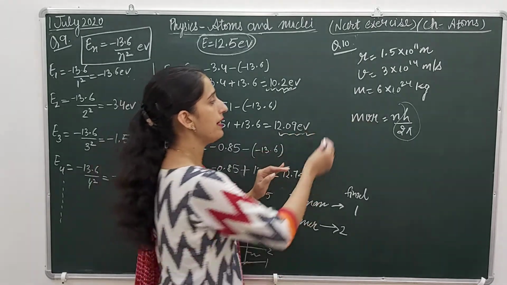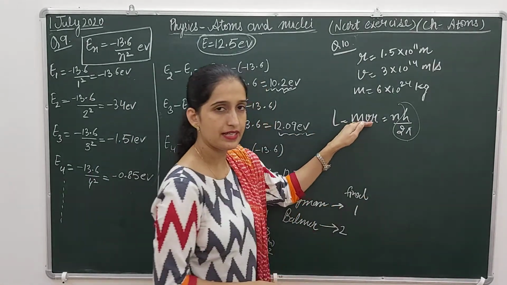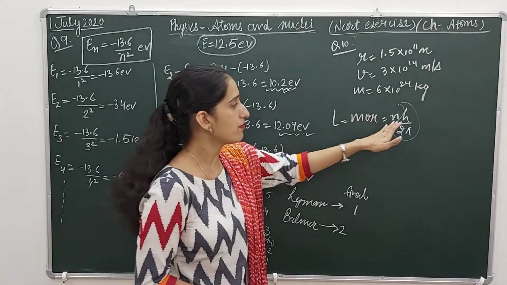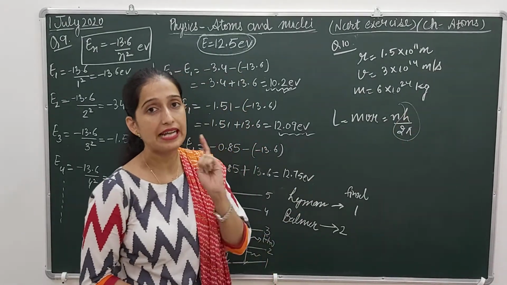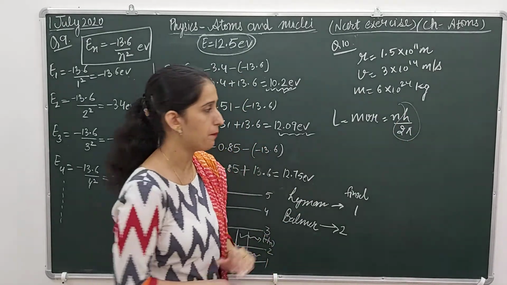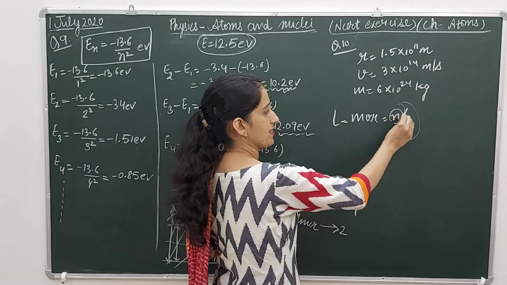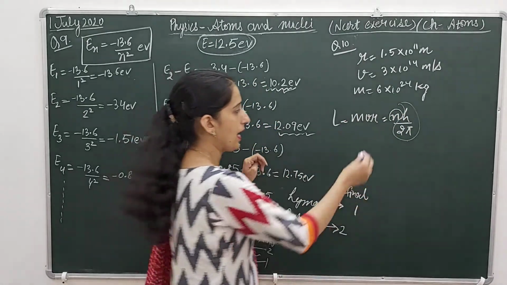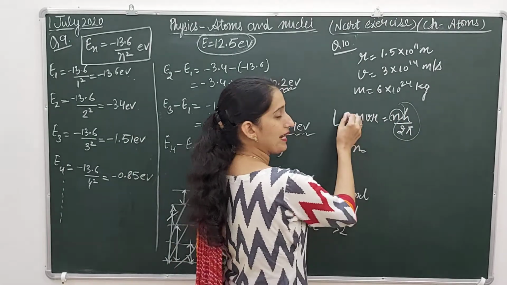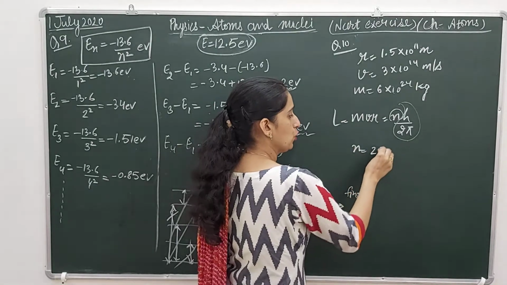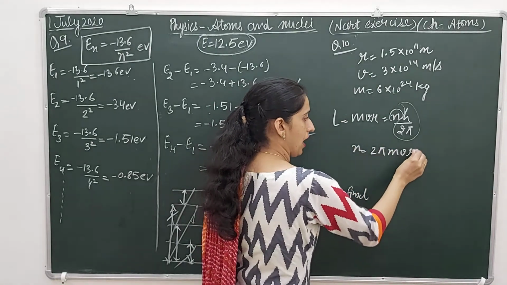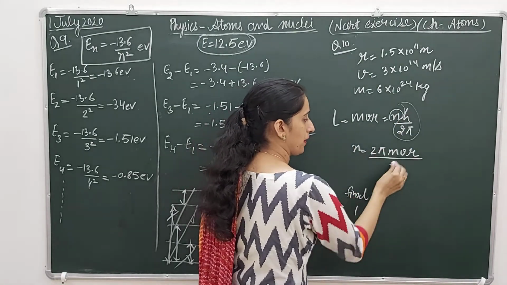So angular momentum L will be equal to mvr is equal to nh by 2 pi, where n is the principal quantum number, and in this question they are asking about this value. So n is given by shifting 2 pi to the other side: 2 pi mvr, and h shifts to the denominator.